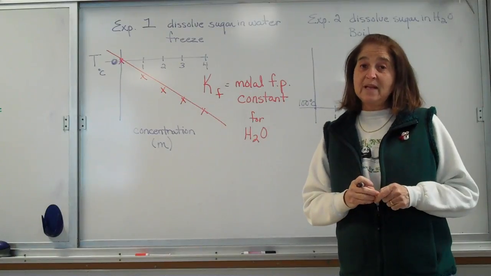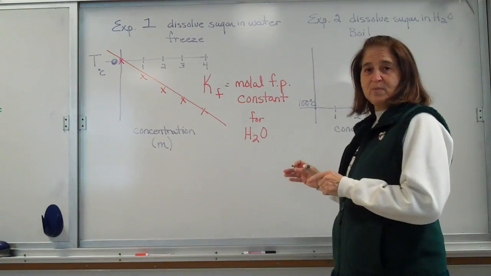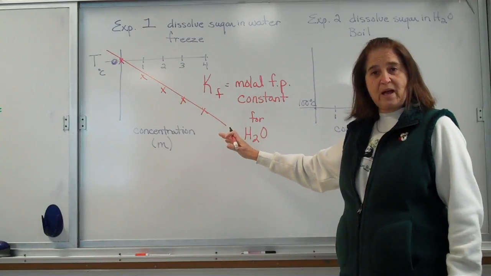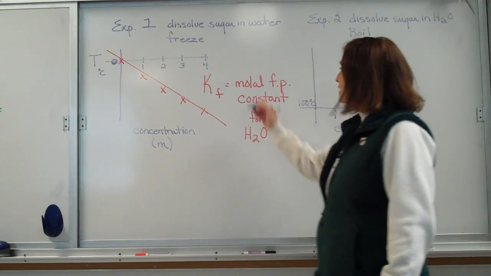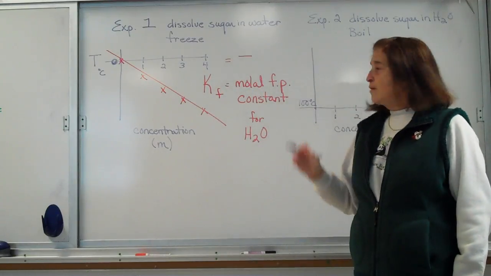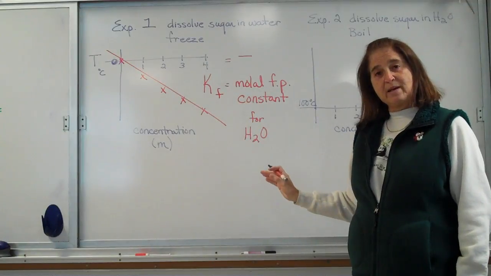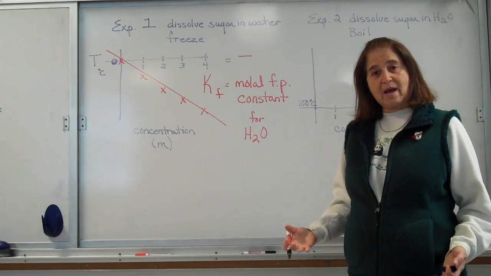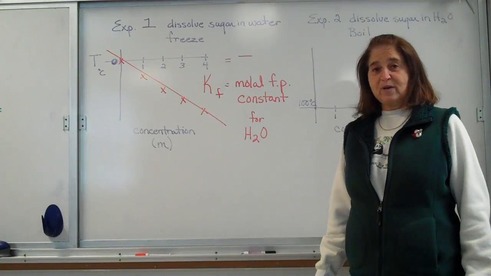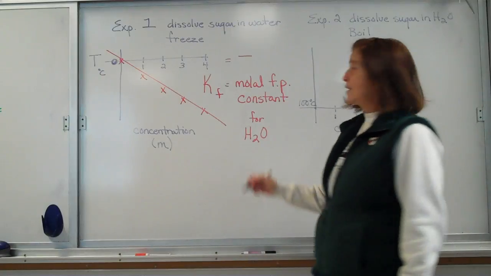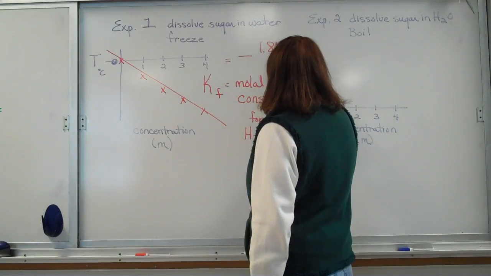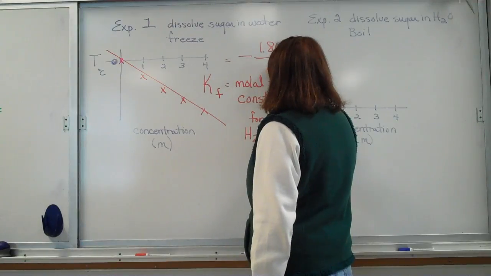Most of the work we do is in aqueous solution, so I would expect you to know this one number. First, look at the line. You can see that it has a negative slope. When these points were plotted, and the slope of the line, which is a constant, was determined, the molal freezing point constant is accepted to be 1.86 degrees Celsius per mole.